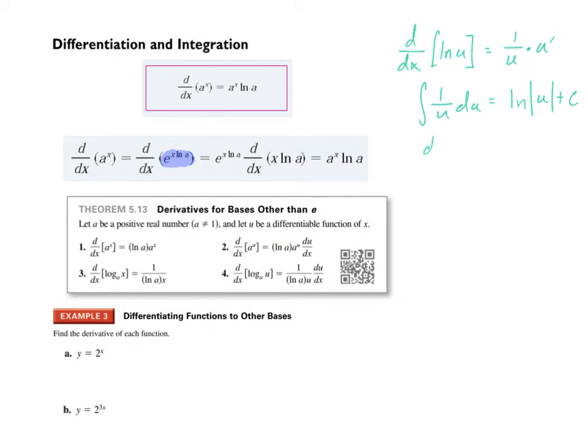We learned that the derivative of e to the u, instead of e to the x, the derivative of e to some power of x, and if that power is not just x but some function of x, then it's e to the u, and then times du dx, times u prime.